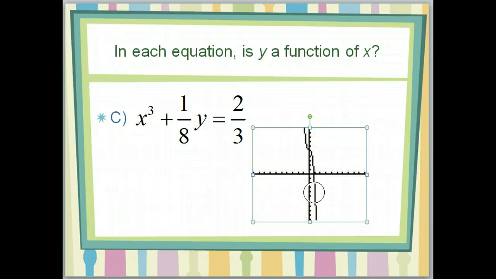Let's try again. If your vertical line only goes through the graph once, then you have a function. Try one more time. That's a little bit better. Any place I draw a straight vertical line, it's only going to go through the graph once. So yes, this is a function.